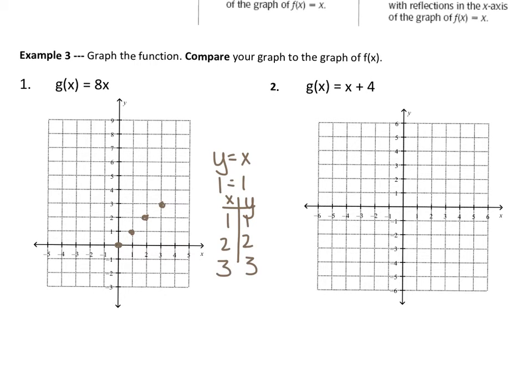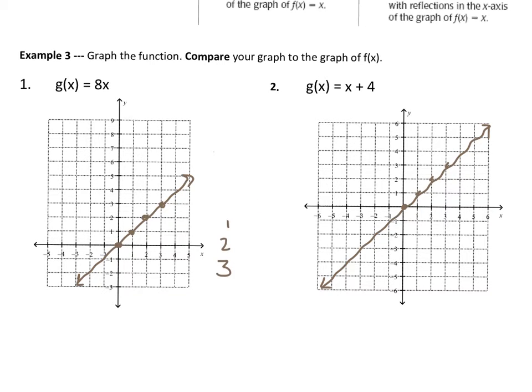So you're just going to go up a box and over a box each time, and that's your parent function. I'm going to do the same thing over here. Start at the origin, plot the points, and then you can see the pattern. And you should be using a ruler, not having squiggly lines there. I'm going to erase this just so we have a little more space. So that's your parent function. That is y equals x, and this is y equals x.